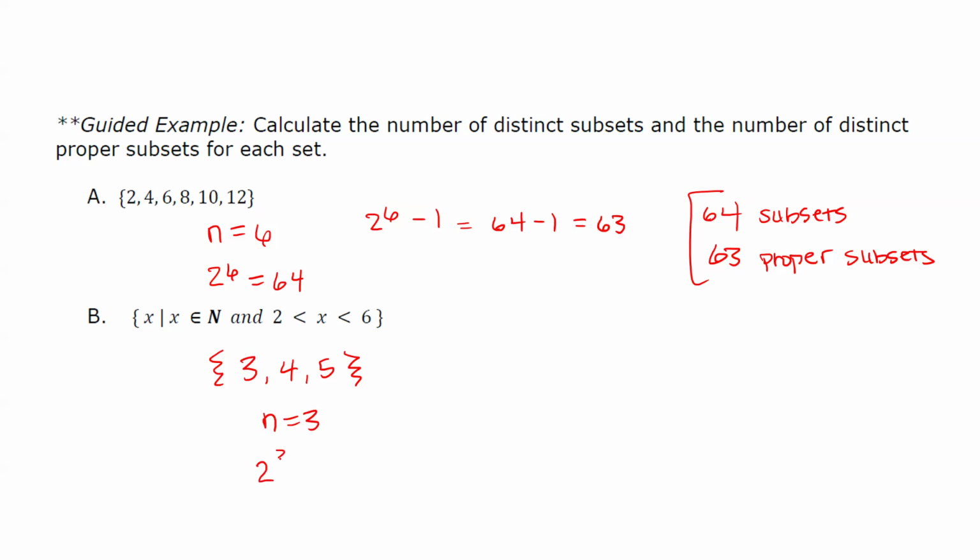So 2 to the 3rd power is 8. Then we take 2 to the 3rd power minus 1, which is 8 minus 1, which is 7. So this set has 8 distinct subsets and 7 distinct proper subsets.